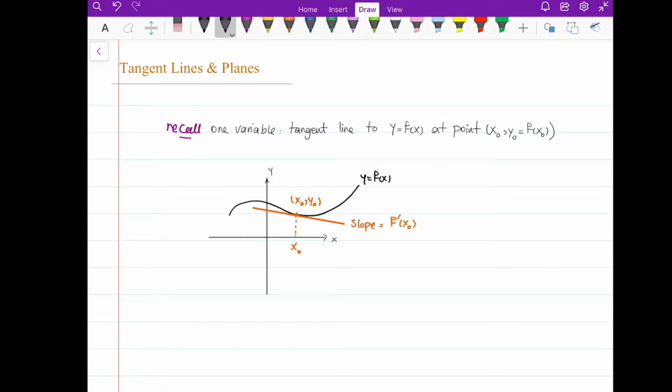And if we know the slope, writing the tangent line would be easy because I have a point, x naught, y naught, and the slope, so y minus y naught equals the slope times x minus x naught. Okay, so that's the equation of the tangent line.